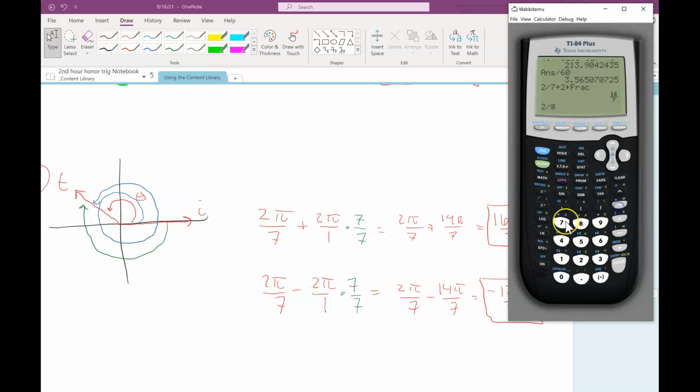And then 2/7 minus 2, math frac, negative 12/7, tack the pi back on at the end. Is that cool? So again, just showing you how to do the fraction stuff on your calculator without having to grind through the common denominators and all that jazz.